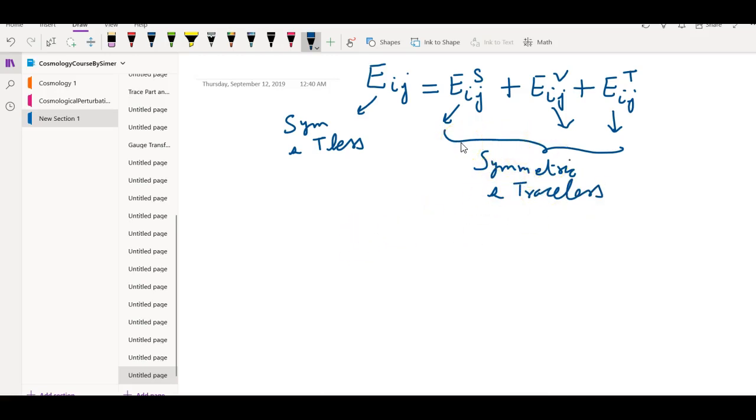Okay. Now what next? I want to extract a scalar from this Eij. I want to write this scalar in terms of E. So I write E. How to bring these ij components here?